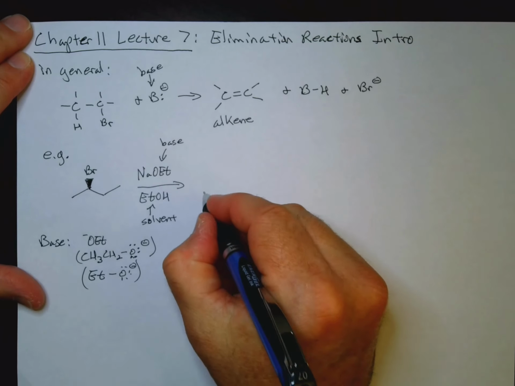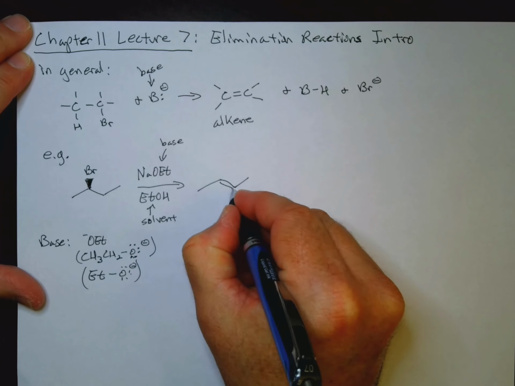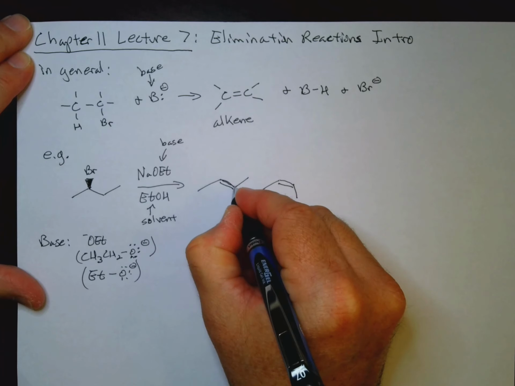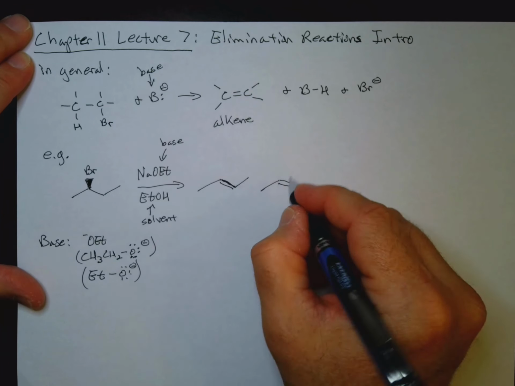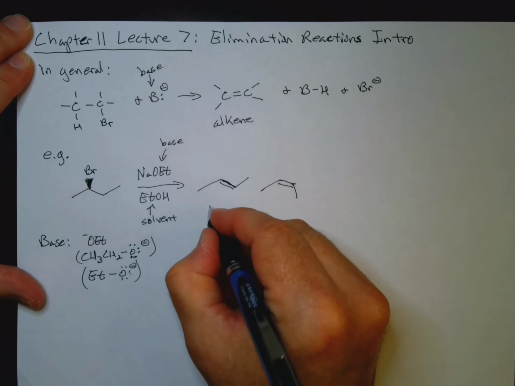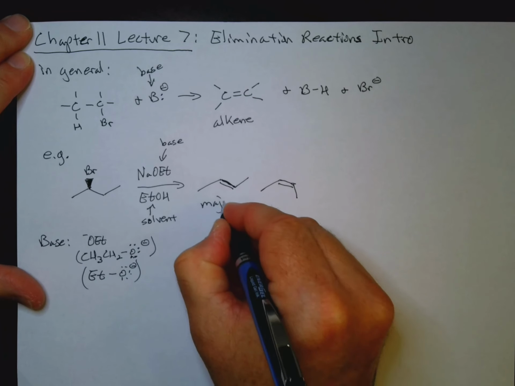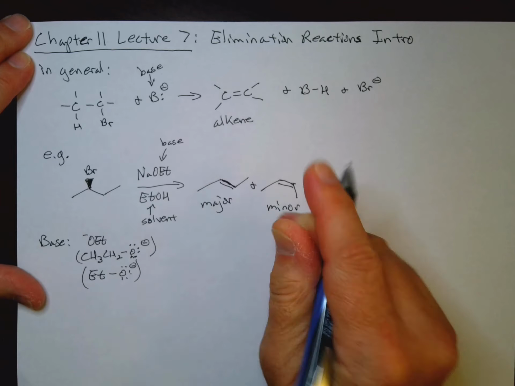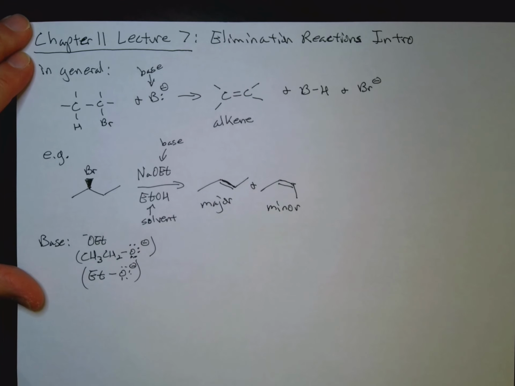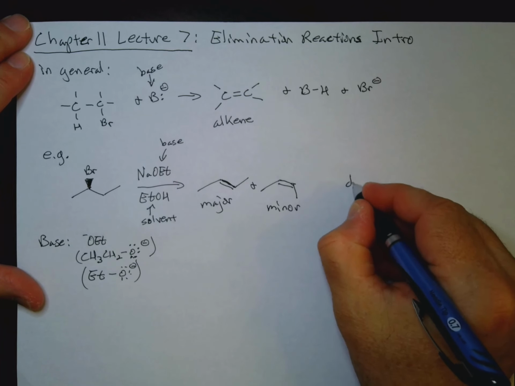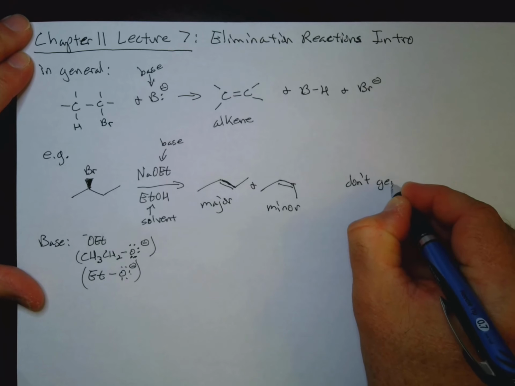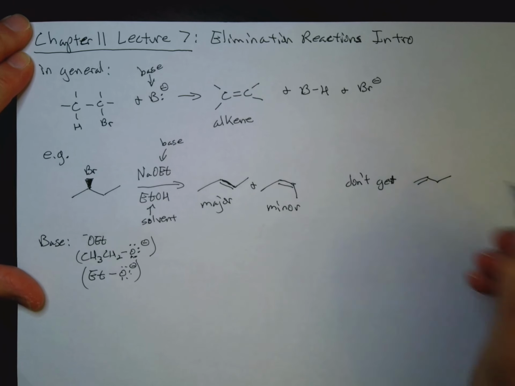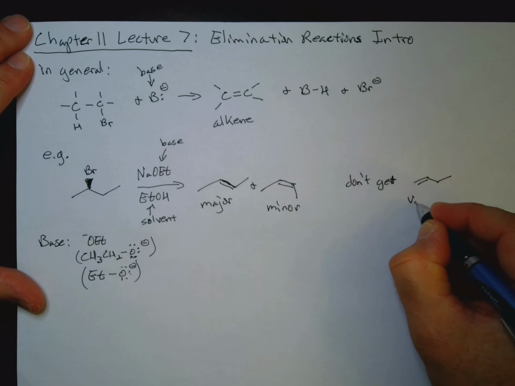Okay, what do we get? Well, we actually get a mix of products. Apologize for making that a little curved, but our major product is the trans, and as a minor product we get the cis. And we don't get that, which would be a very minor product.